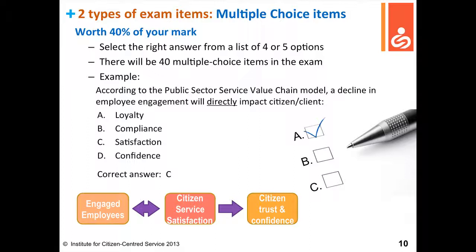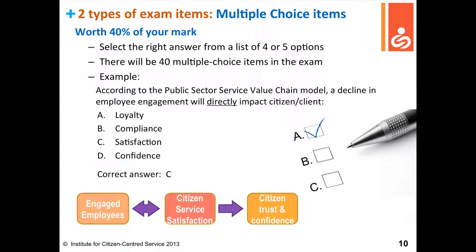Now, if anyone has any questions about this one and doesn't see how I got to C being the correct answer, please do type a note in the chat box so that I can come back to it. But again, just to summarize, there are 40 multiple choice questions. Each of them will give you either 4 or 5 answers, and your job is to pick the one that's the very, very best.